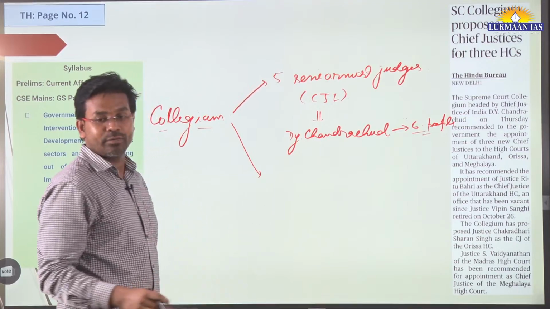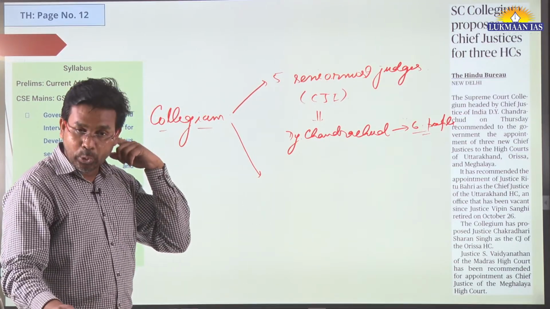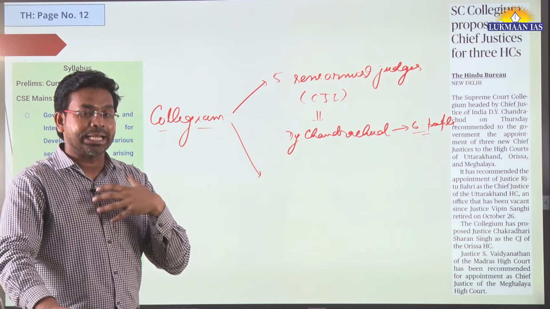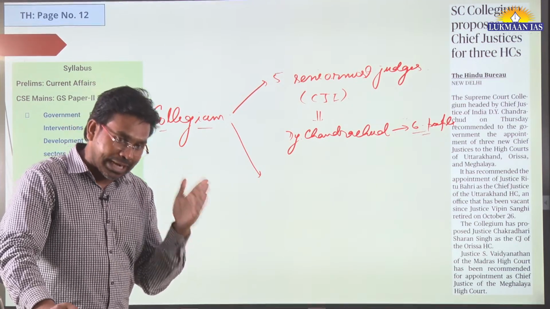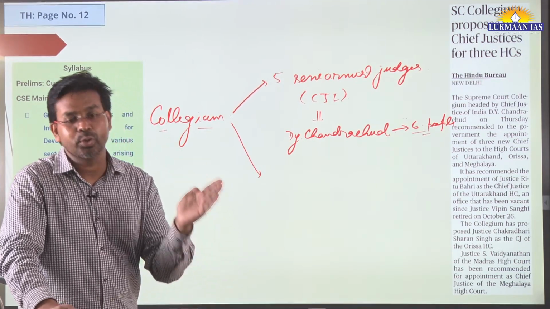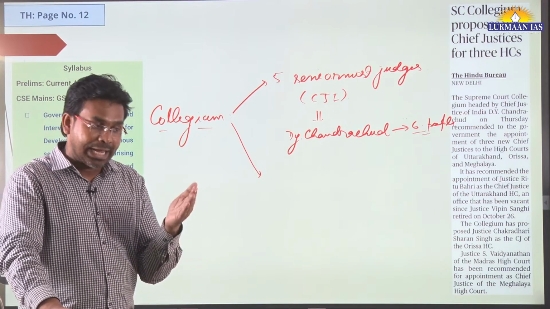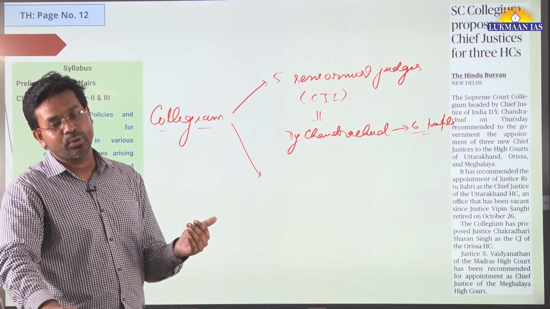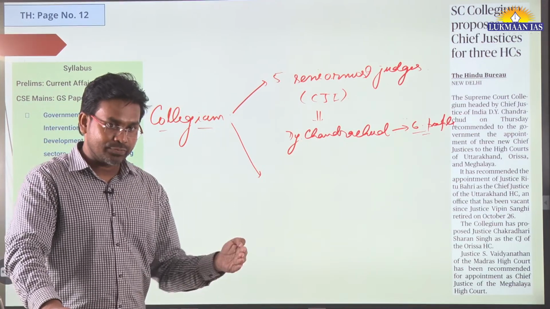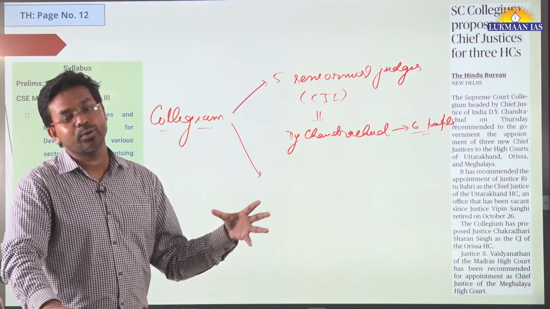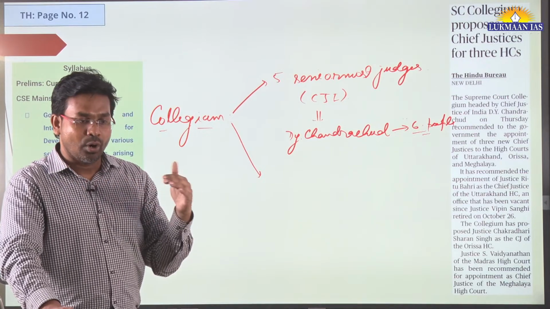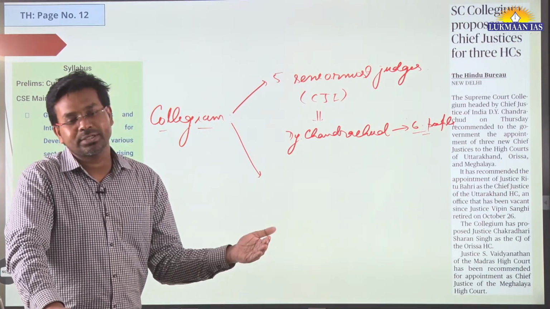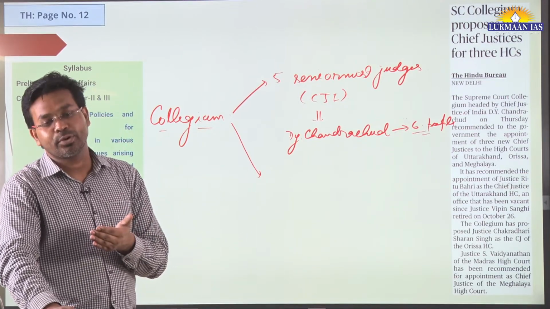So what is the role of this collegium? The role of this collegium is to, let's say, recommend the government to transfer some judges from one high court to another high court, or to elevate a high court judge to the Chief Justice of the High Court, or to transfer a Chief Justice of a High Court to another High Court, or to elevate a judge from High Court to the Supreme Court of India.